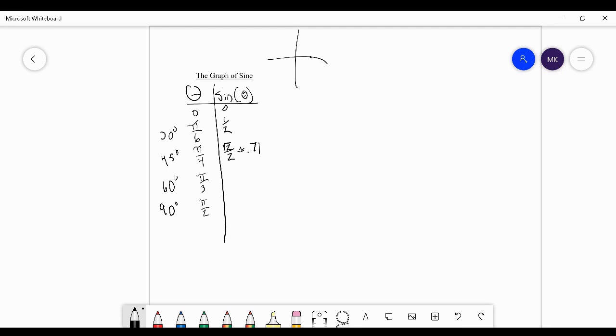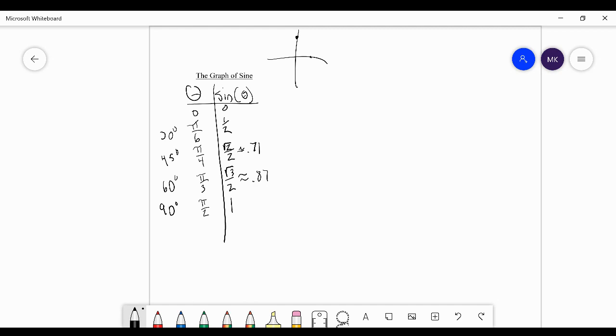Sine of pi over 3, so this is 60 degrees, is root 3 over 2, which is about 0.87. What about sine of pi over 2? If you think back to our xy graph, we're on this axis, so our y value is the same as the r value, the radius. So y over r is just 1. Well, that's cool.